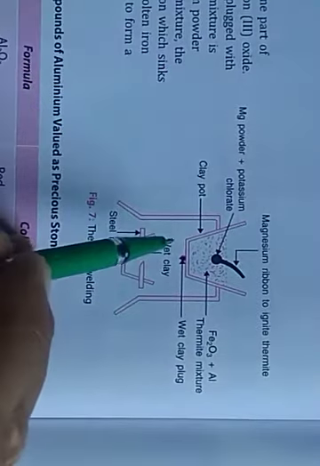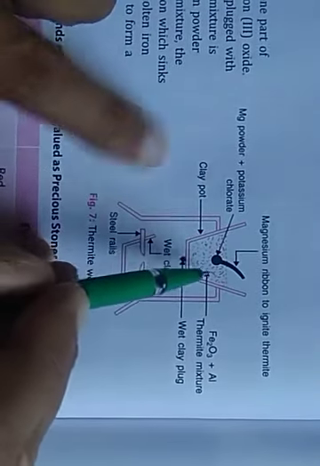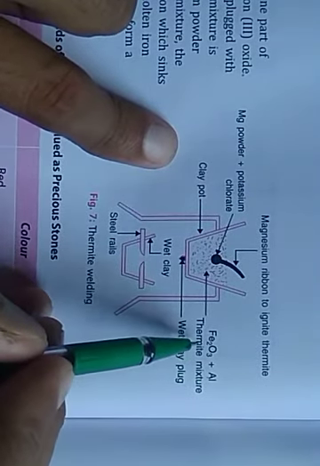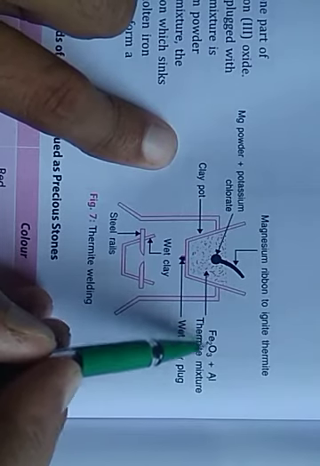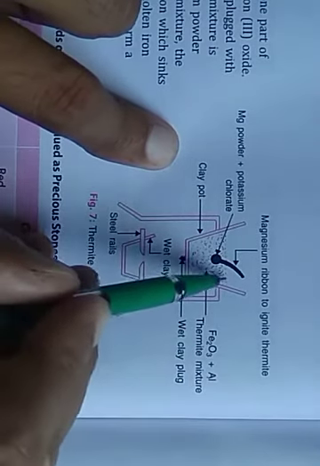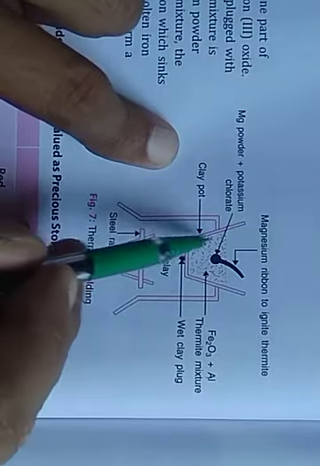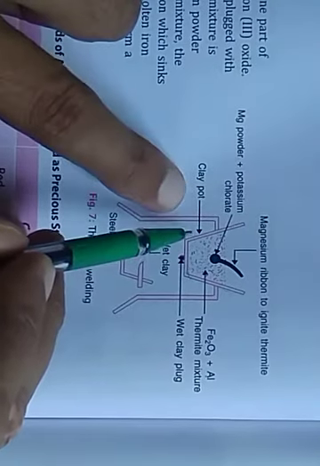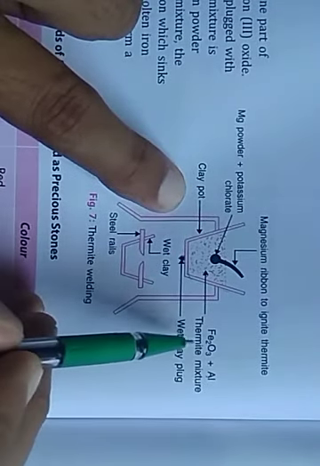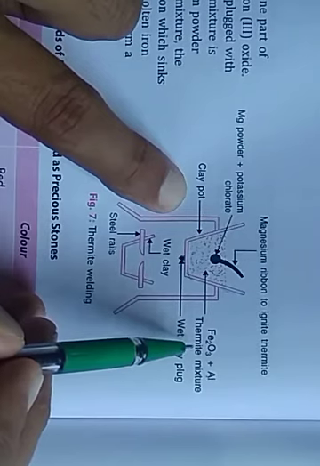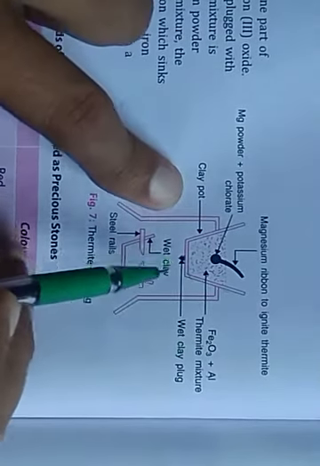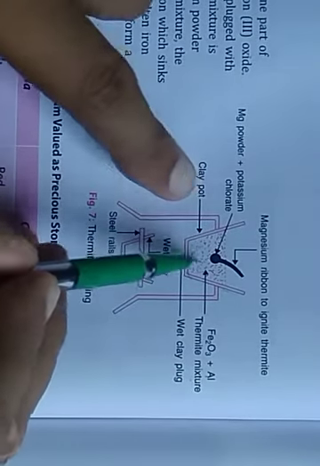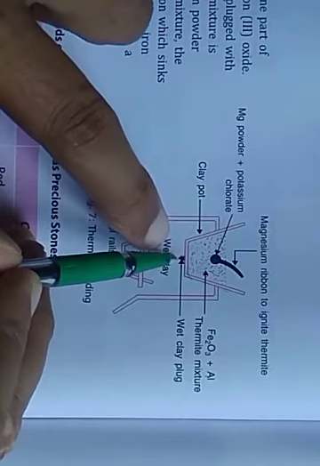Now we take one part of aluminium powder and 3 parts of ferric oxide, which are placed in a clay pot. This is the clay pot, and the one part of aluminium powder and 3 parts of ferric oxide are plugged with wet clay. Here is the wet clay.